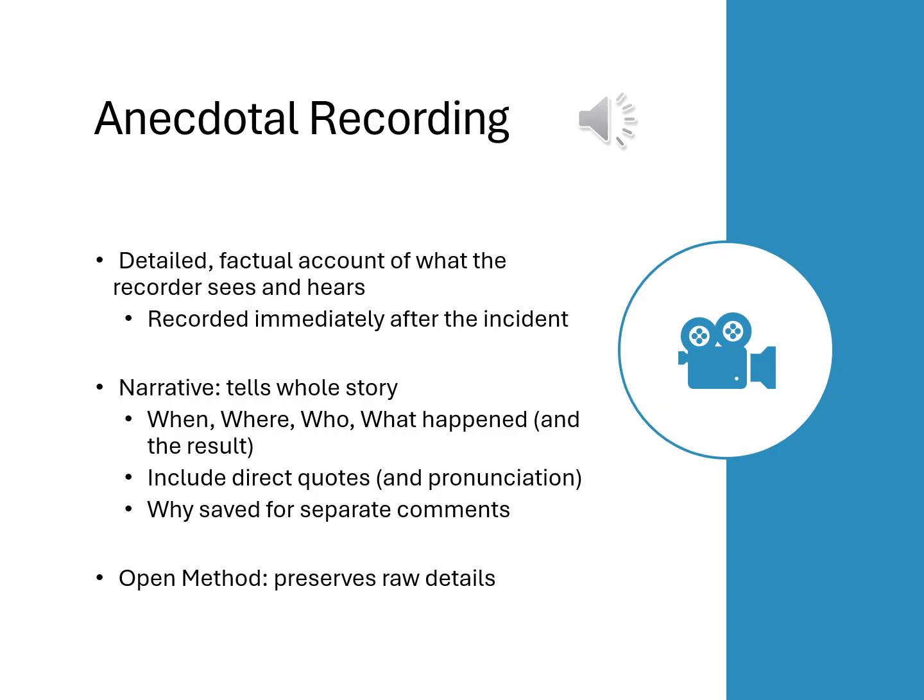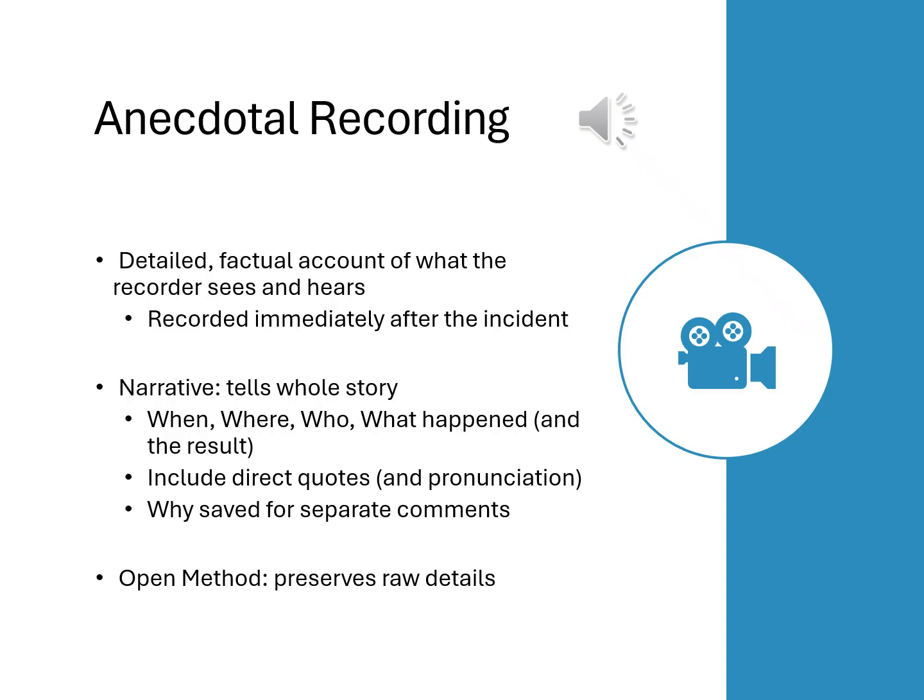So if they said car seat, seat cart, you're going to write that down rather than correcting it so that you catch an accurate record in detail of what was said and done. And then you're going to keep out your own personal ideas and opinions. It really should just be a factual account.